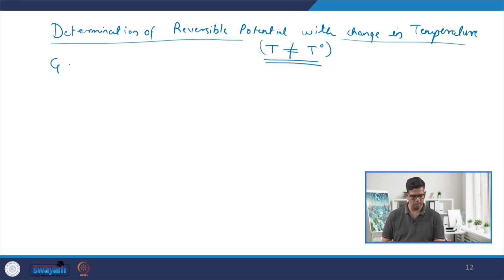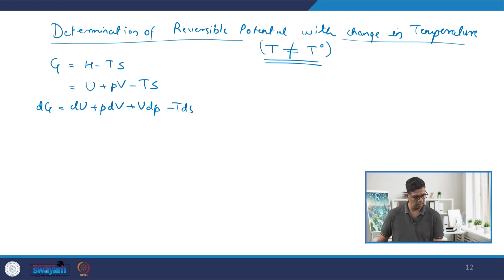We know G equals H minus TS, a very standard expression, and then we substitute for enthalpy, which is U plus PV minus TS. Let us differentiate to understand what parameters this Gibbs free energy depends on. So, dG equals dU plus P dV plus V dP minus T dS minus S dT.